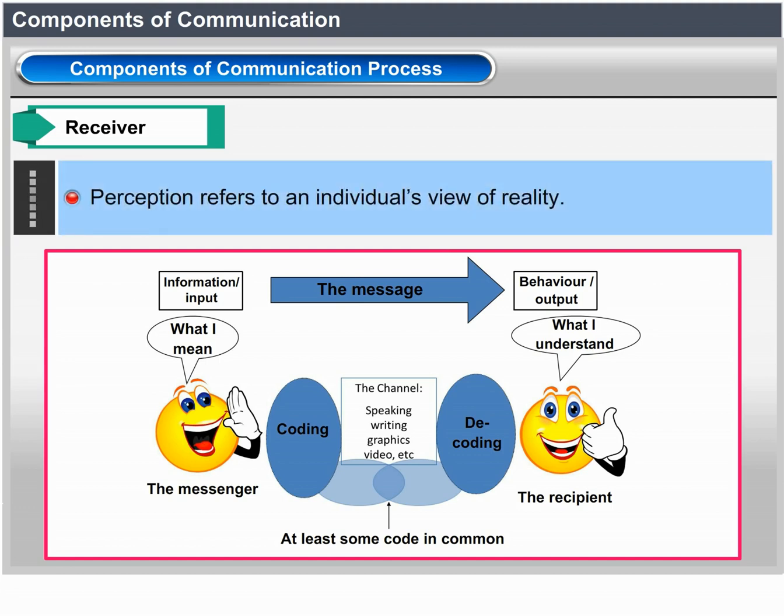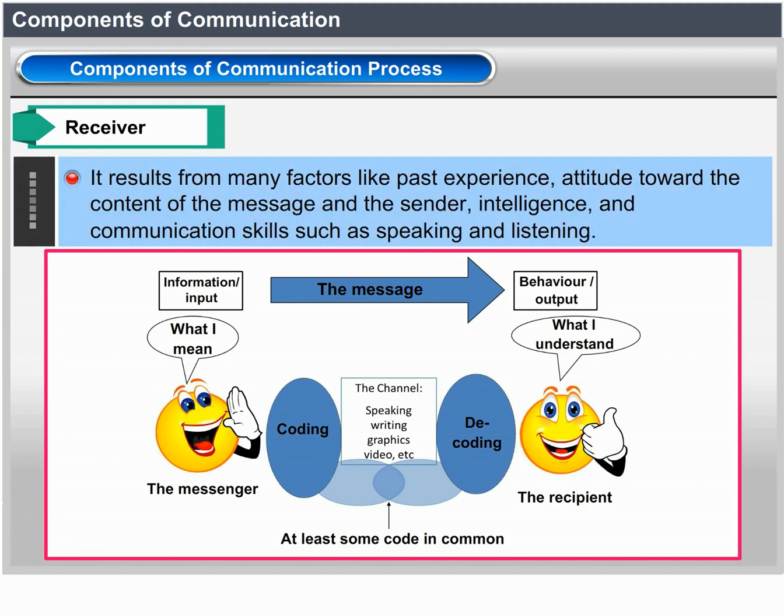Perception refers to an individual's view of reality. It results from many factors such as past experience, attitude towards the message and the sender, intelligence, and communication skills such as speaking and listening.